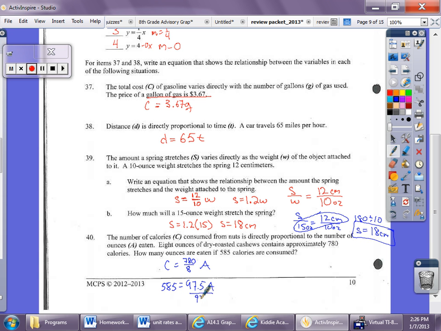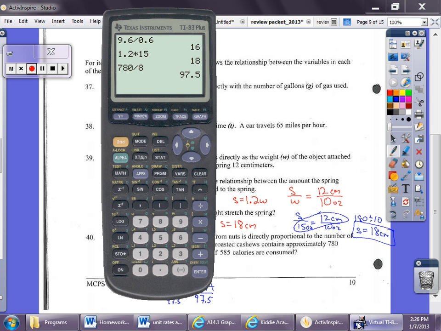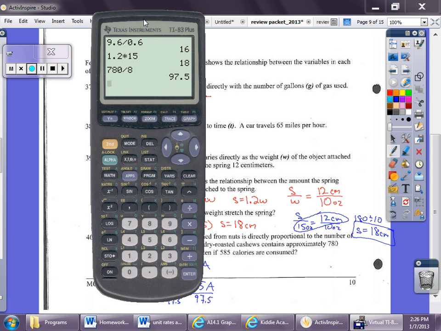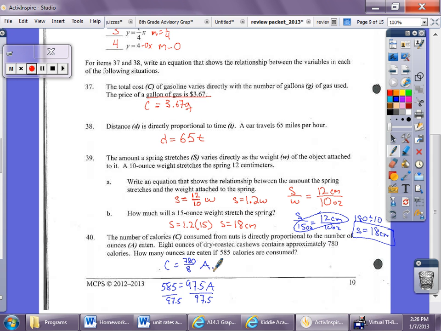You divide by 97.5. 585 divided by our answer is 6. So A equals 6. So that is 6 ounces.